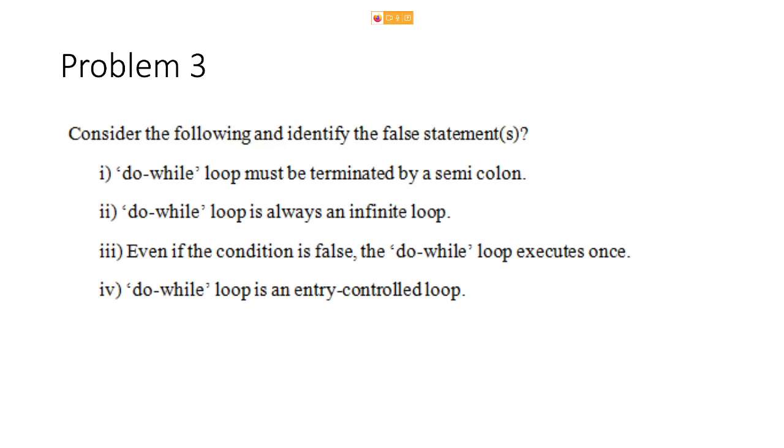Second, do while loop is always an infinite loop. Third, even if the condition is false, the do while loop executes once. And fourth, do while loop is an entry controlled loop. Option D. Do while is exit controlled. Okay, that's a false statement.